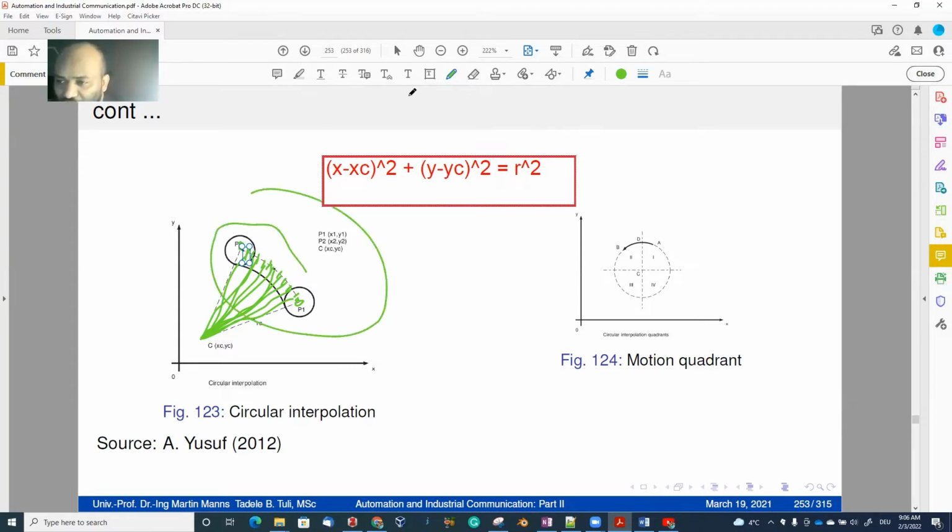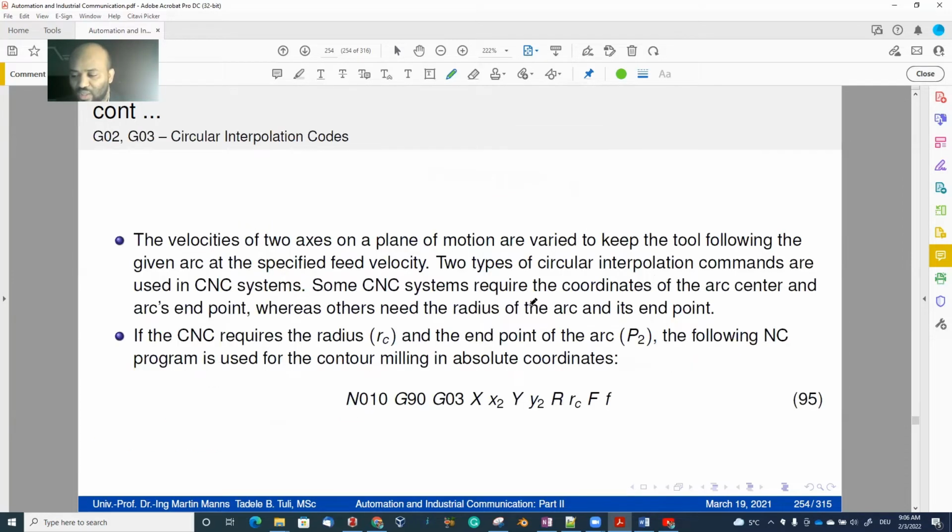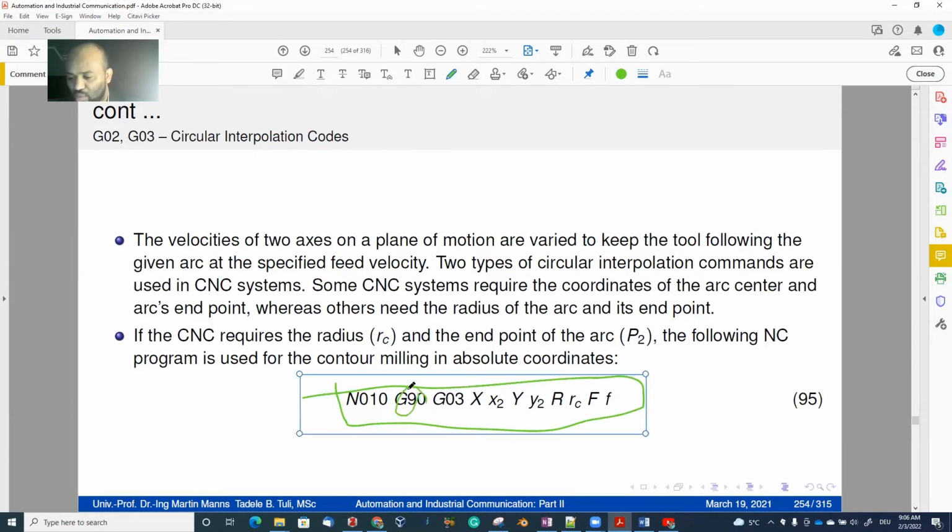So the trick is, if you know the circular equation, the G code for circular motion is given like this: absolute, counterclockwise rotation, X value, Y value, radius, and feed rate.